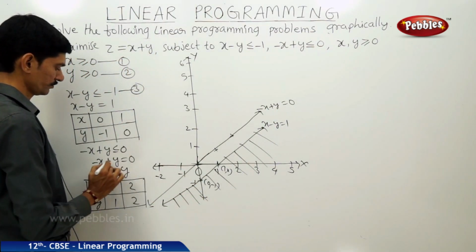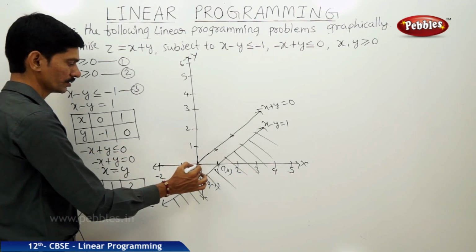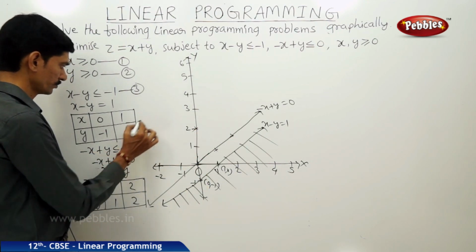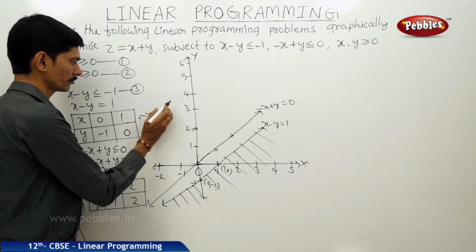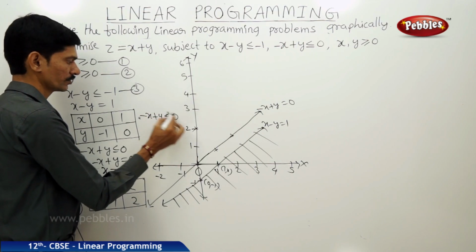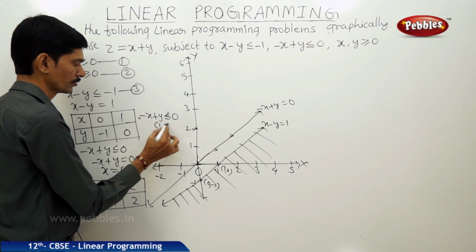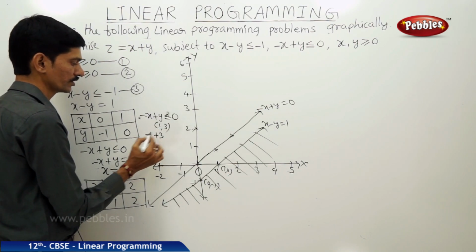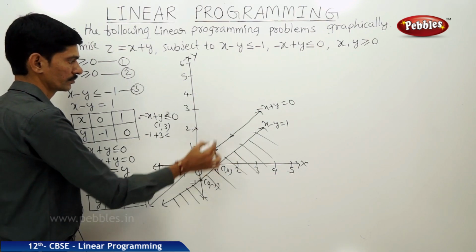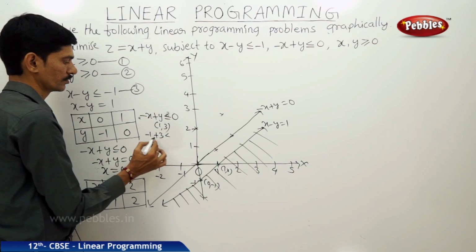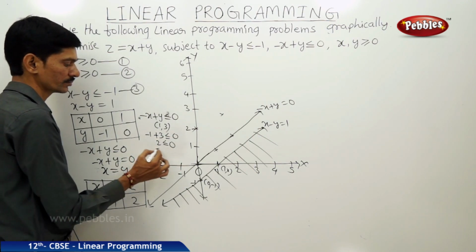And here, if you take the point 1 comma 3 in minus x plus y less than or equal to 0, so minus 1 plus 3, 2 less than or equal to 0, this is false.